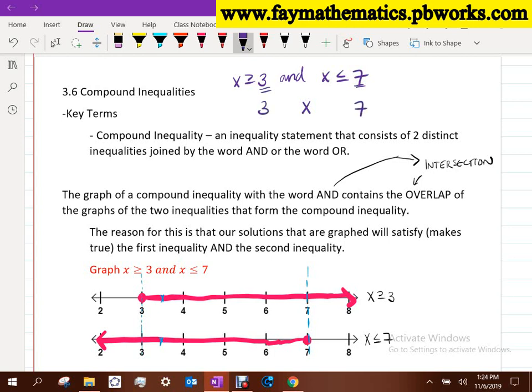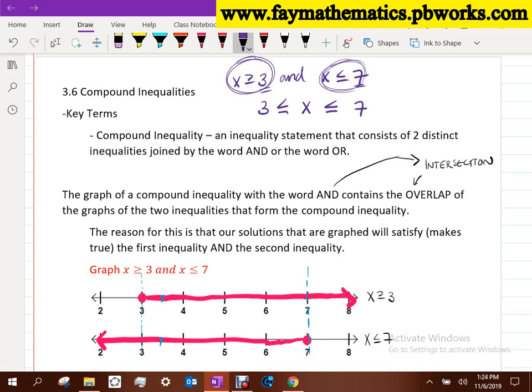I'll put 7 to the right. In order on the number line, 3 would come first and 7 would come second, right? If I want to maintain that the inequality sign is pointing to the 3, let's make it point to the 3 here. Is this inequality sign pointing to the x? Yeah. Does that make sense?